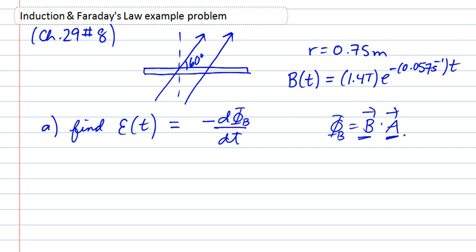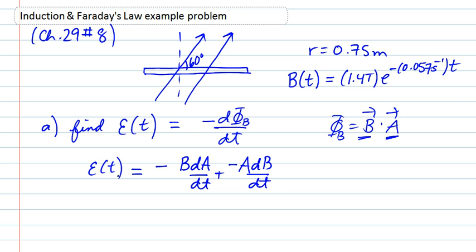So it's often a good idea to write this out, that negative d flux dt is actually negative B dA dt plus negative A dB dt. And as we said a moment ago, the area isn't changing, so that first term is 0.